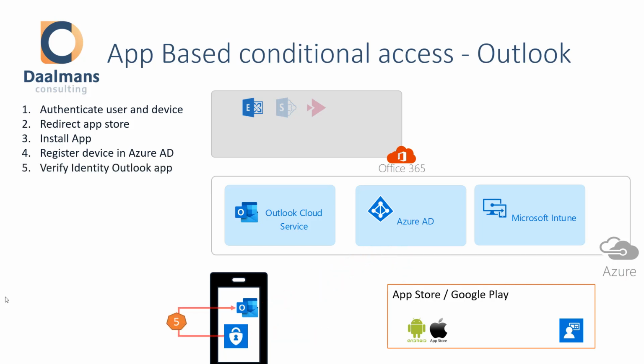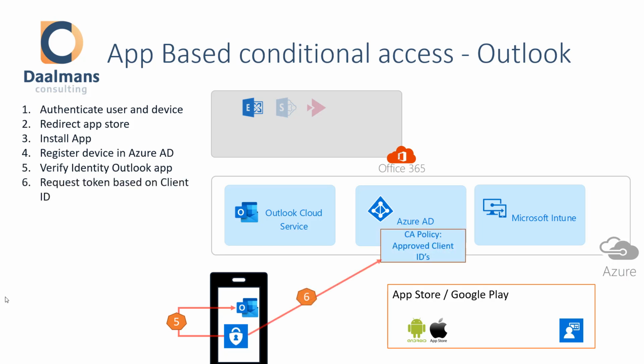And the Azure AD app is verifying the Outlook app, if it's the right app being used. And then we check if the app has the right approved client ID, because basically Microsoft is using unique IDs which cannot be edited, and so it needs to be the right one.